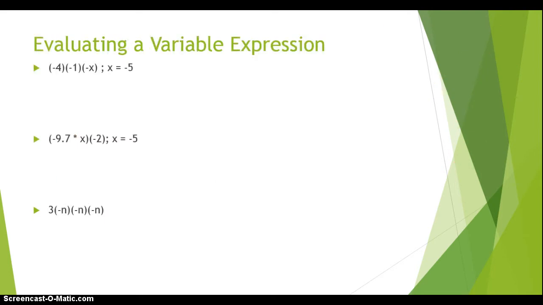So, evaluating a variable expression. Number 1 up here, we know that negative 4 times negative 1 times the negative of negative 5. How many negative signs do we have? We have 4. Automatically the first thing I would do, what we did in class today, is focus on turning this into a plus, because the 2 negatives right here will make this a plus.